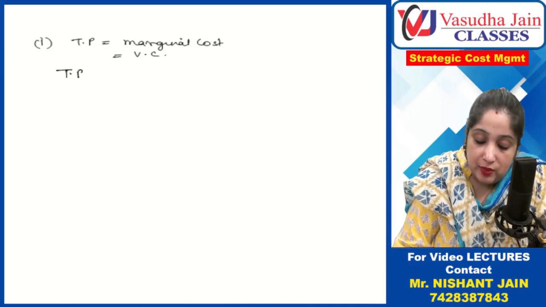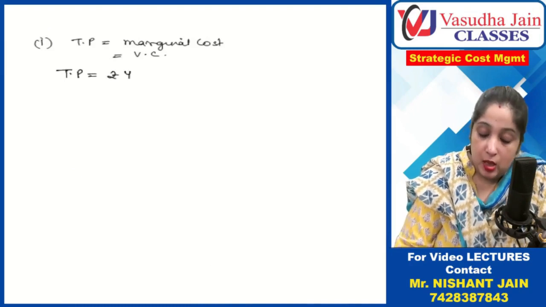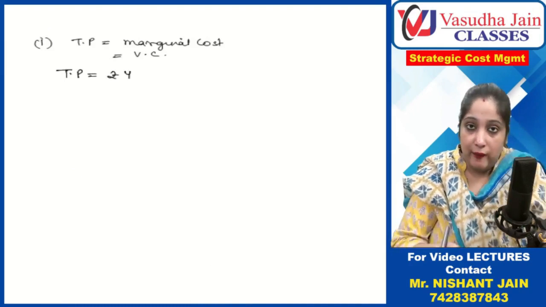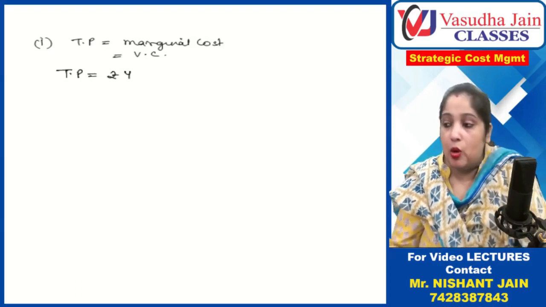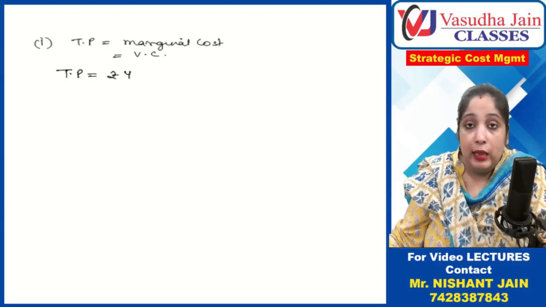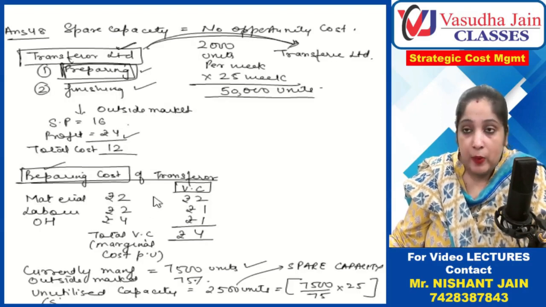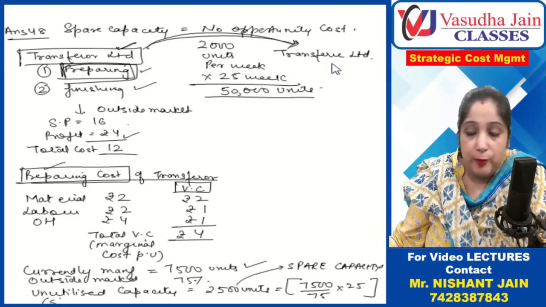That means transfer price will be equal to rupees 4, which is equal to variable cost. So whatever you are going to incur in manufacturing, same will be recovered. You are going to incur 4 rupees in manufacturing, and same will be recovered from Transferee because they are going to pay you 4 rupees.